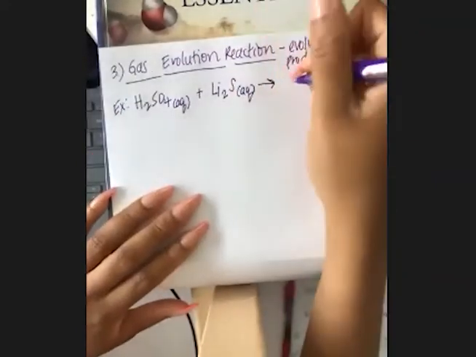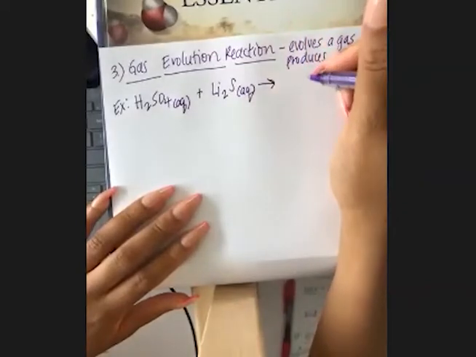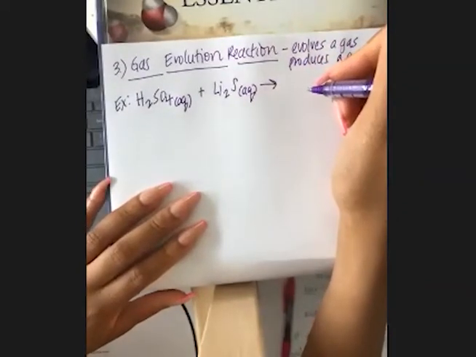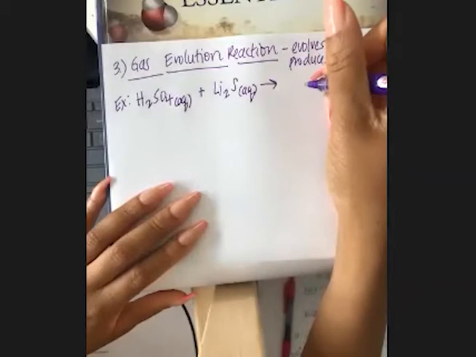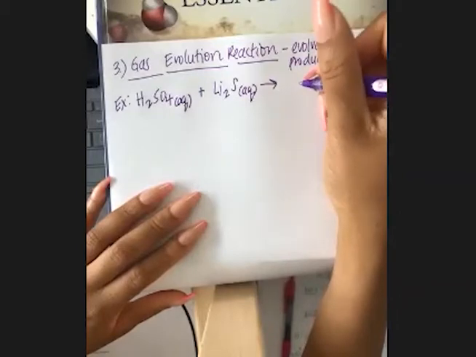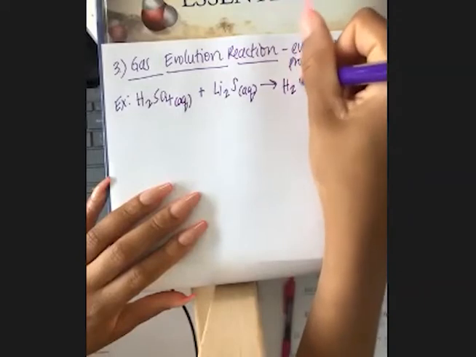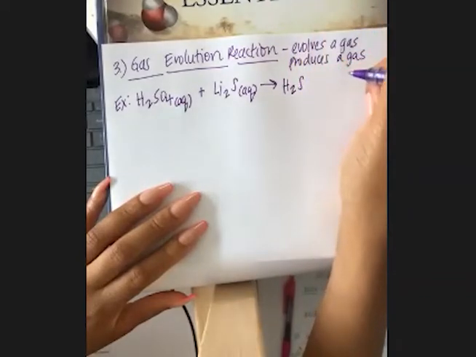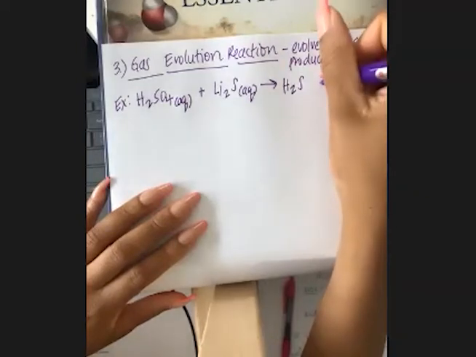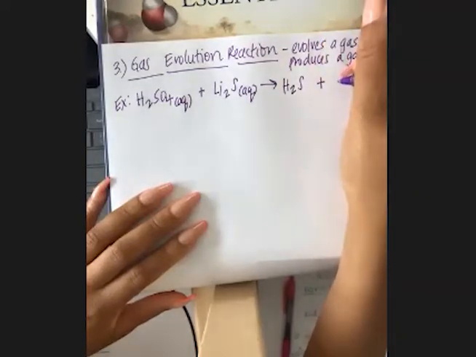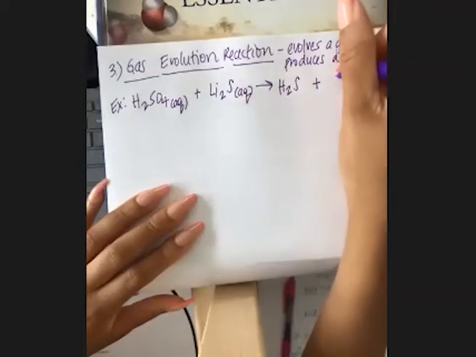So what's the first product? H2S. This is called hydrogen sulfide, yes. And what's the other one going to be? Li2SO4, so the other one is lithium sulfate.